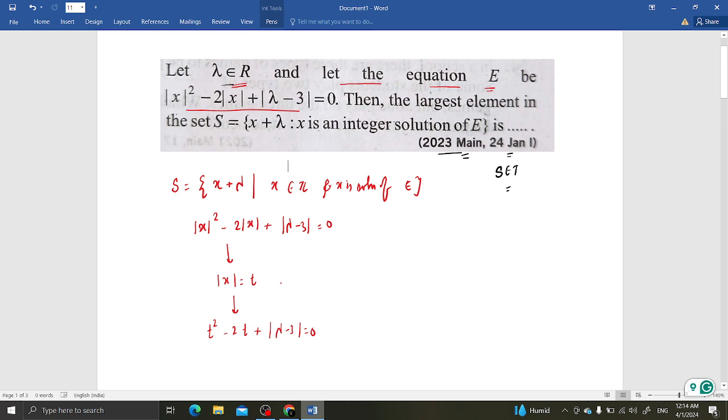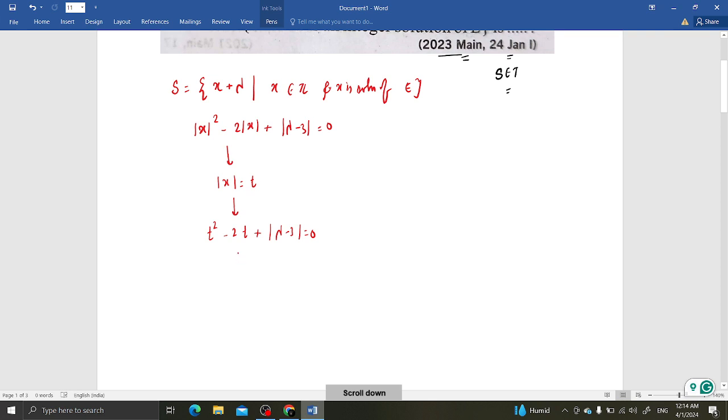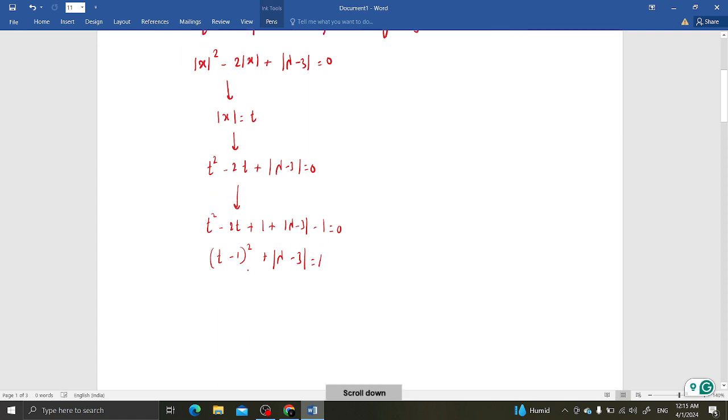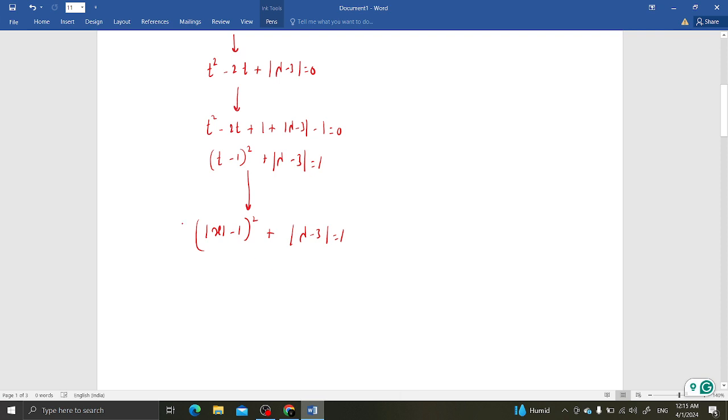Actually I will rewrite this equation by completing the square method: t square minus 2t plus 1, mod lambda minus 3 as it is, minus 1 equal to 0. So we observe that t minus 1 whole square plus mod lambda minus 3 equals 1. Now replace t by mod x: mod x minus 1 whole square plus mod lambda minus 3 equals 1.